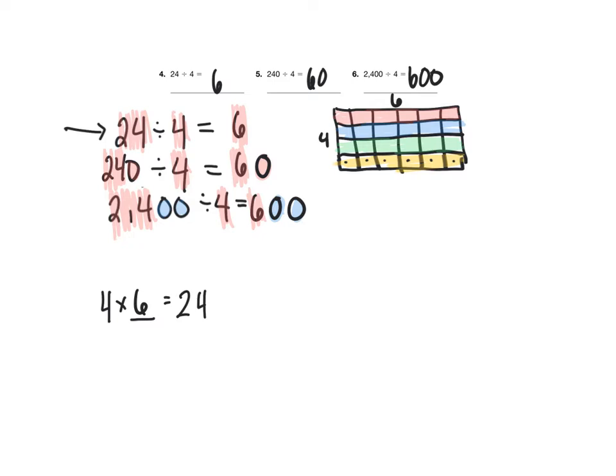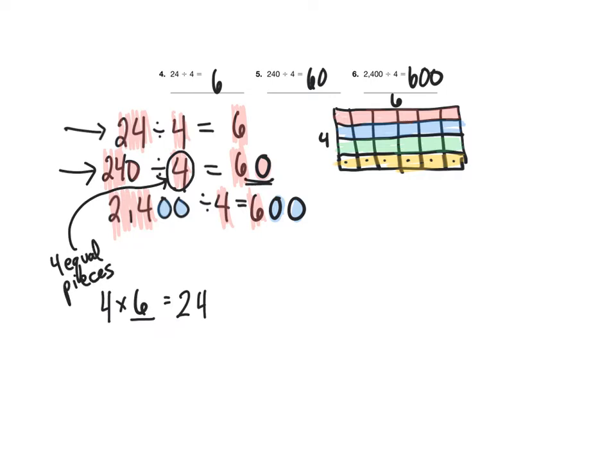So now let's take that idea and extend it and try to use it to prove why, if you have 240 altogether and still dividing them into 4 equal pieces, this 4 is going to show us 4 equal pieces.